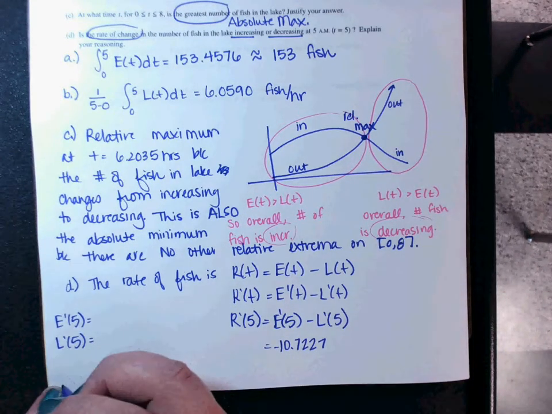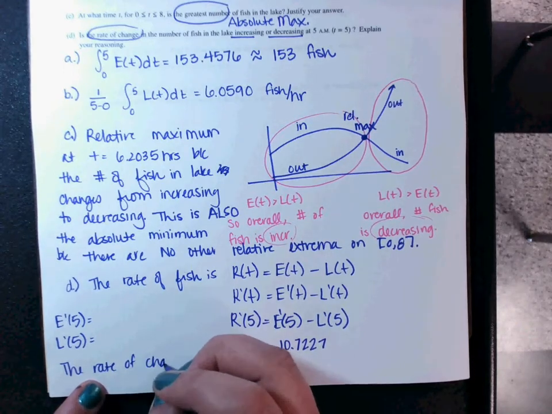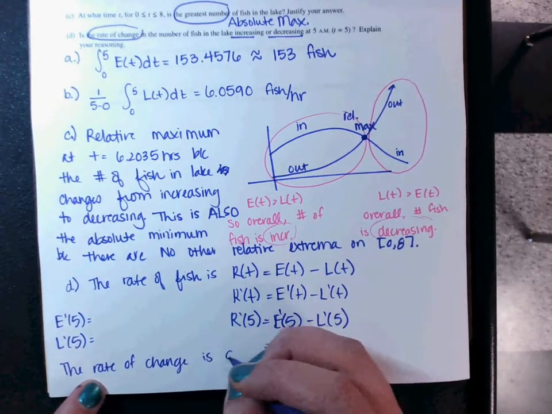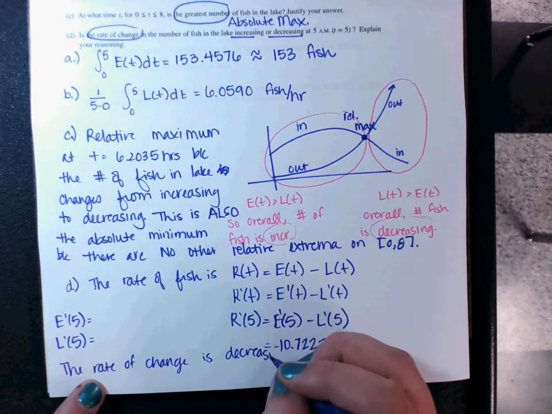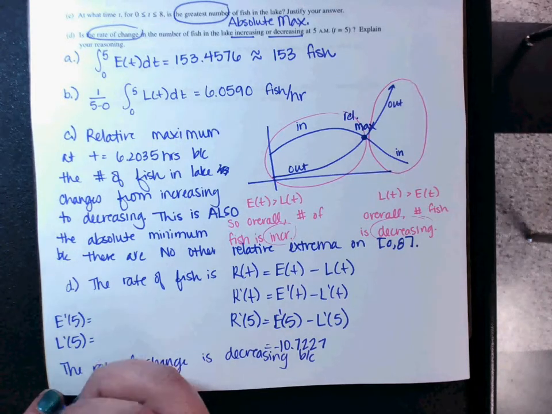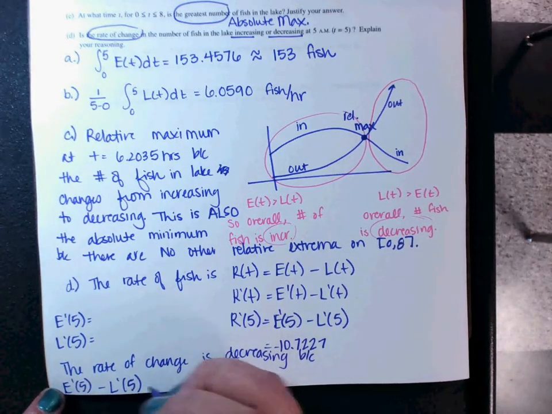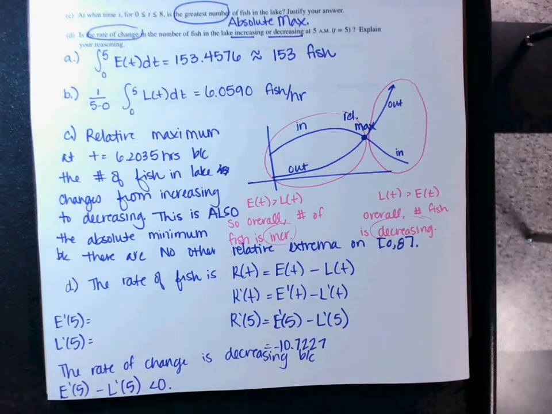So from there, we're going to state that the rate of change is decreasing because E prime of 5 minus L prime of 5 is less than 0. So the rate of change overall is decreasing because when I take the derivative of E and L, I end up getting a negative value. And that's like the combined slope of those two things.